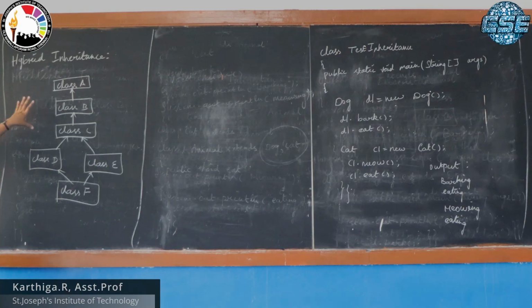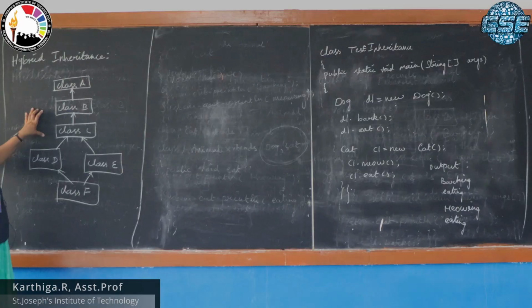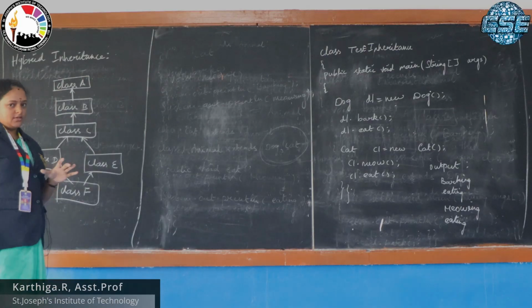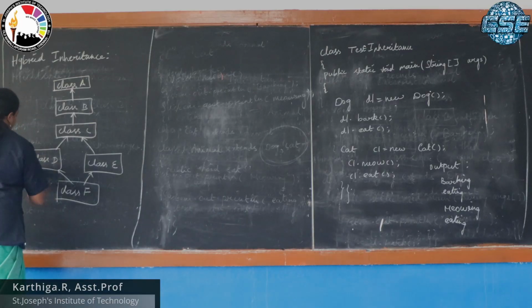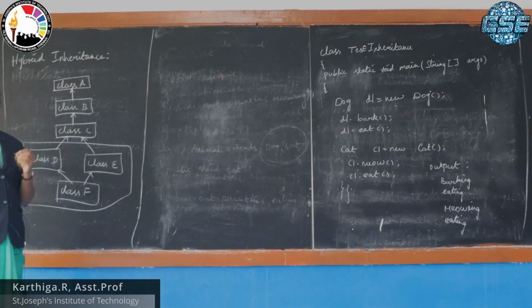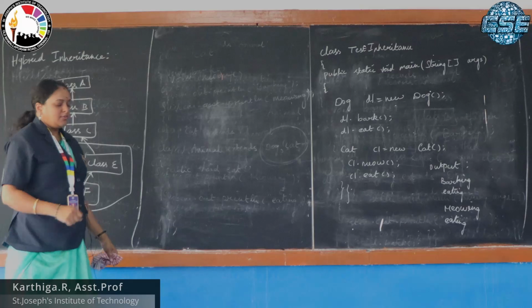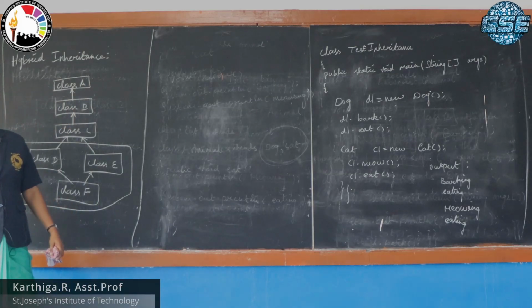It is a combination of any two types of inheritance. Here multiple inheritance is also present, so this also has the ambiguity problem, and hybrid inheritance also will not be supported by Java. So today we completed seeing types of inheritance.